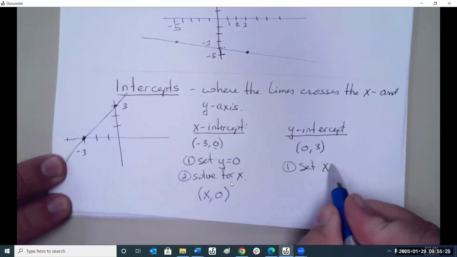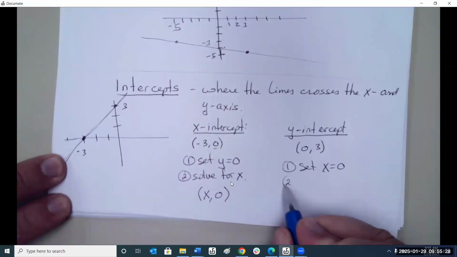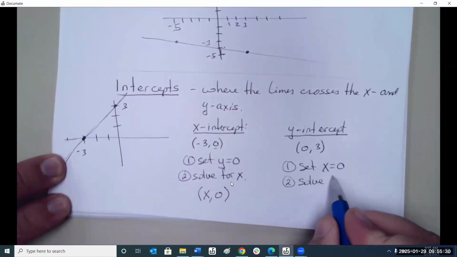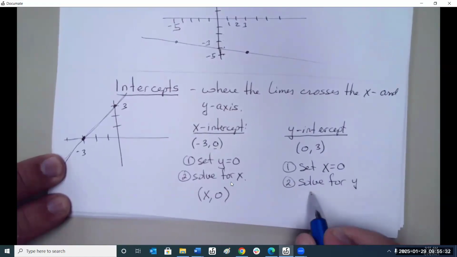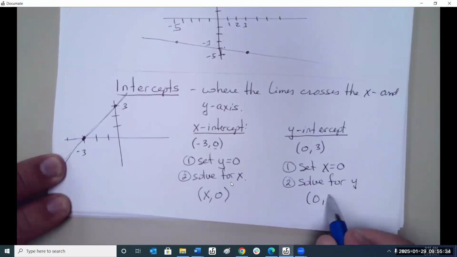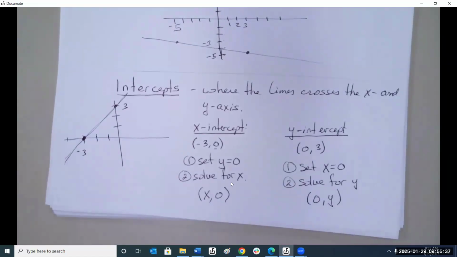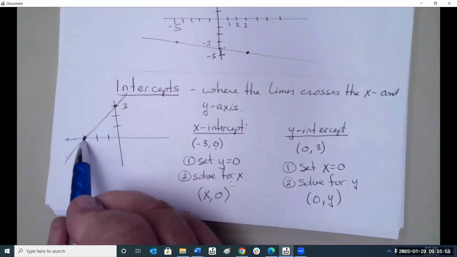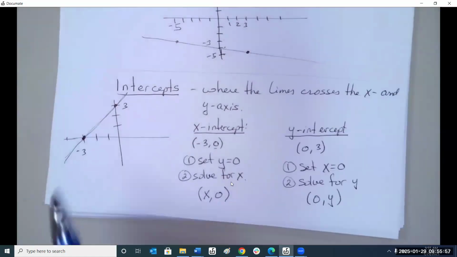Set x equal to 0 and then solve for y. It's always going to be 0, y. Now, why do we use the x and y intercepts? Because that's another way we can use to graph these things. Because if we can find the x-intercepts, once we have our 2 points, connect them and we're done.